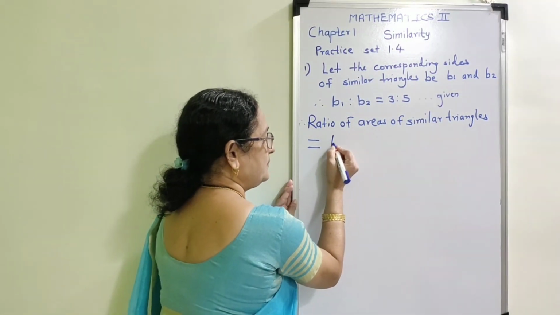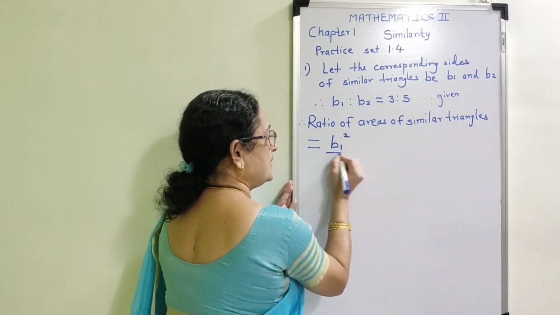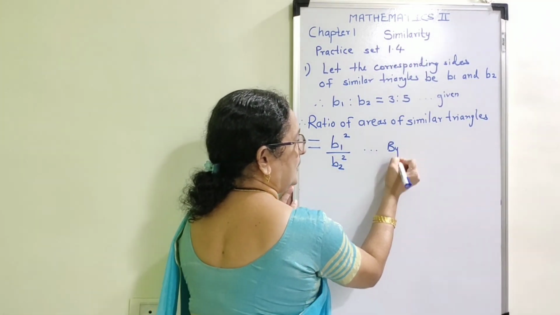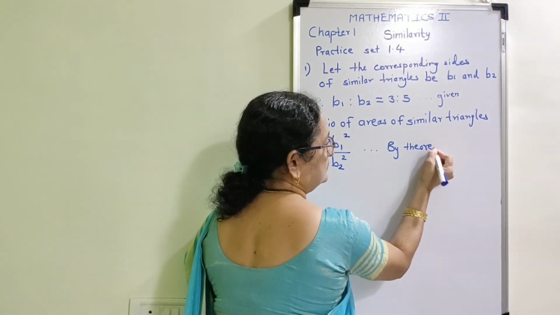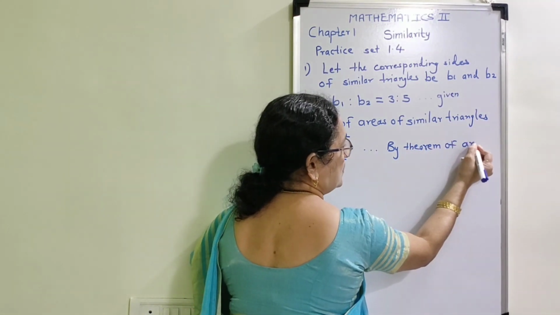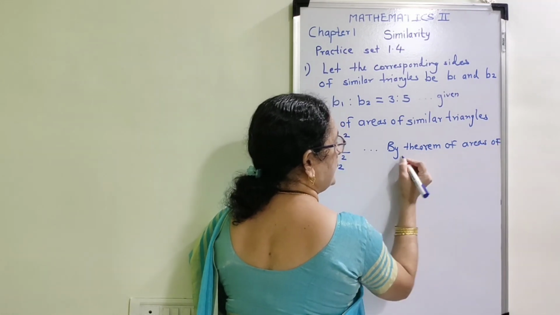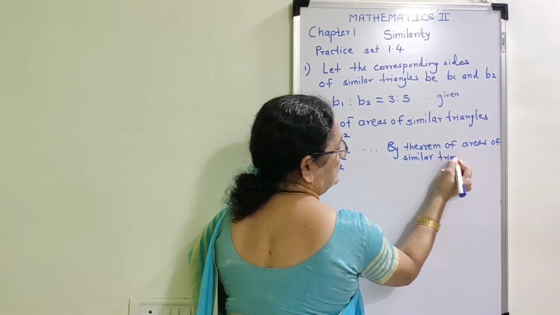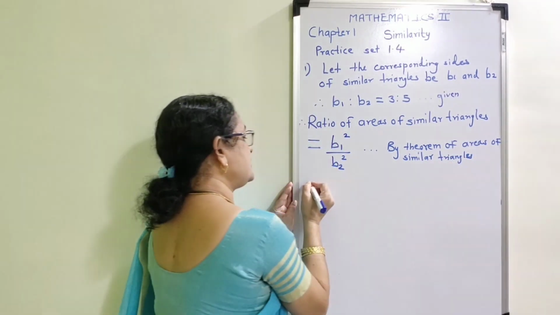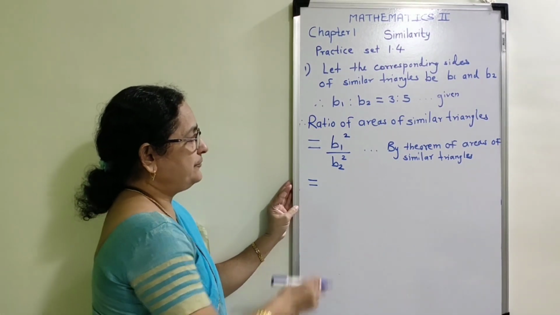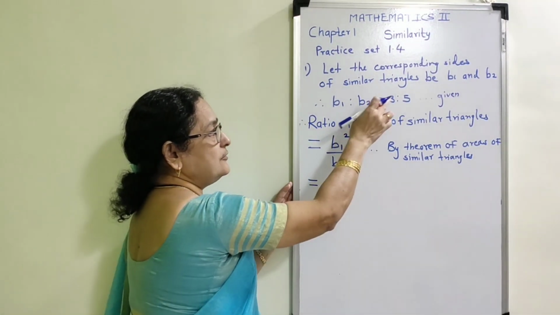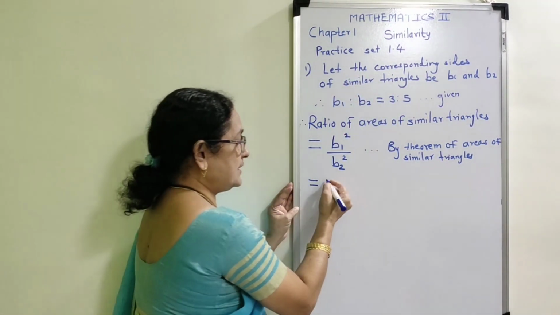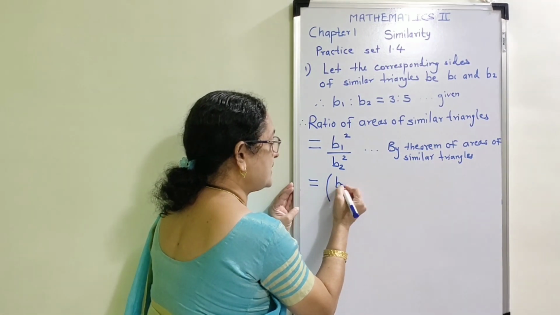It is equal to B1 square upon B2 square by theorem of areas of similar triangles. Now the most important thing here, we are not going to substitute directly the values 3 and 5, since these are not actual lengths of sides, this is a ratio, and therefore add one more step.